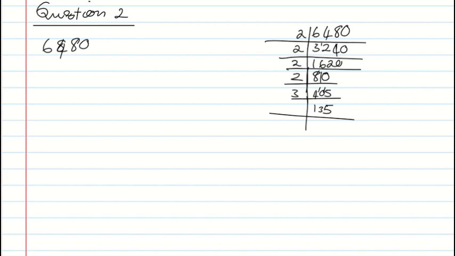So I write down the 4, and then I say to myself 4 times 3 is equal to 12, and then 12 times what? Did we make a mistake here? What is 135 divided by 3?